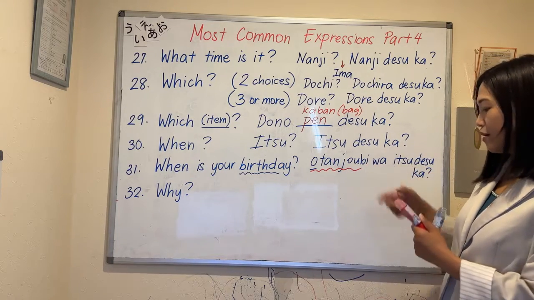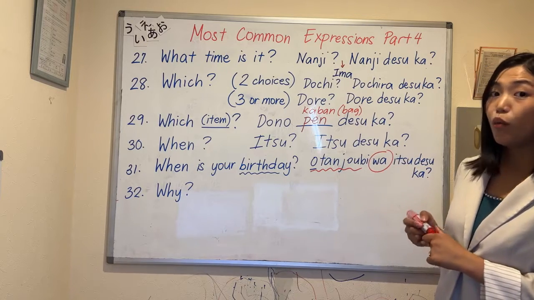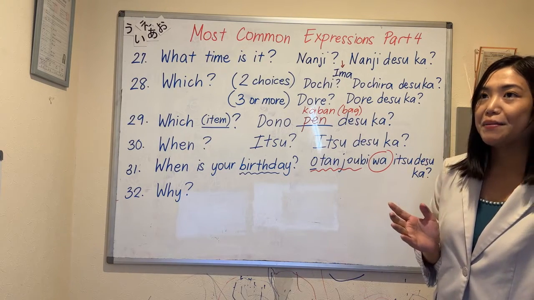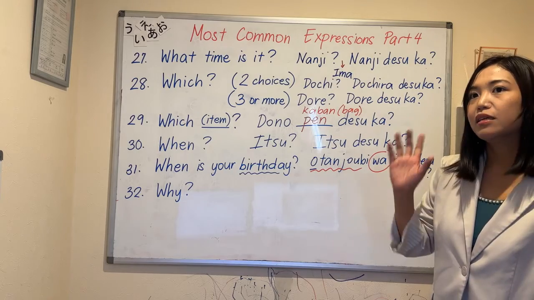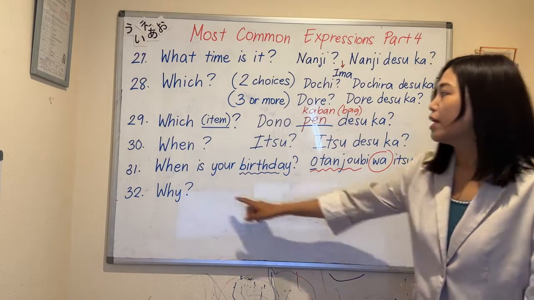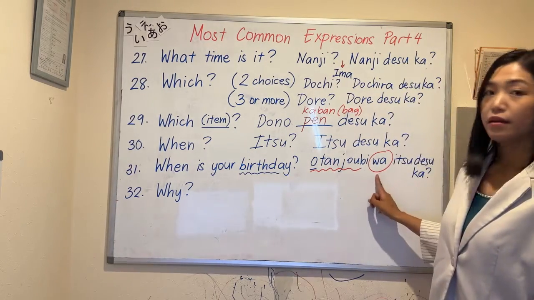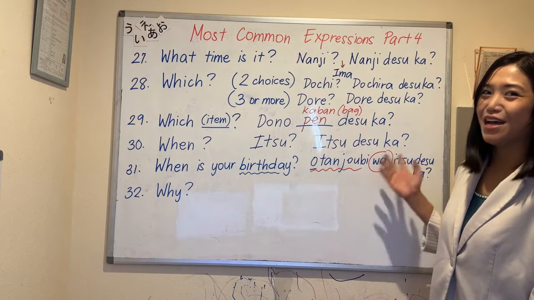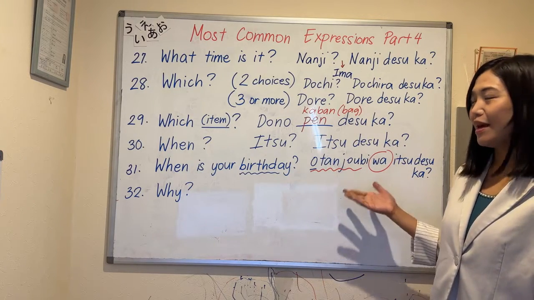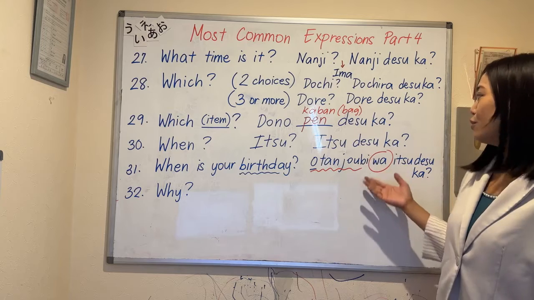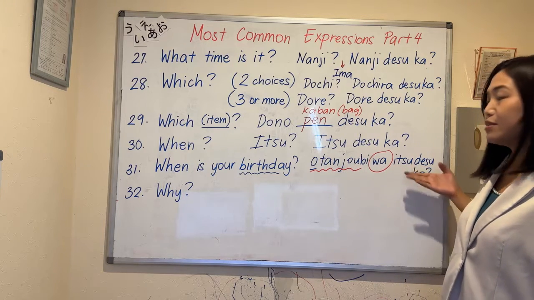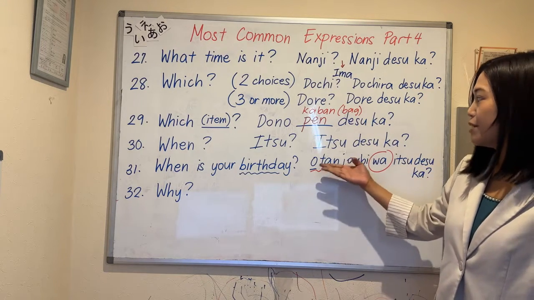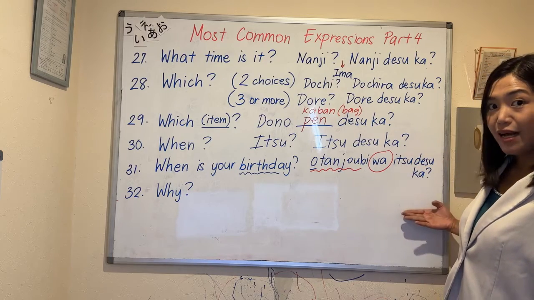The wa here is a particle. The wa here acts like a be verb, so is. It's a topic marker. So, otanjoubi wa itsu desu ka? You're asking about the birthday.